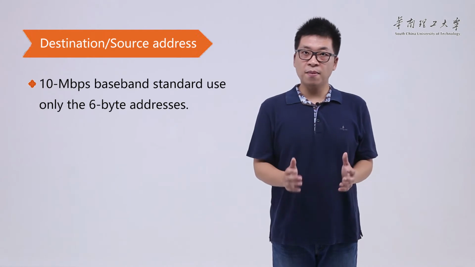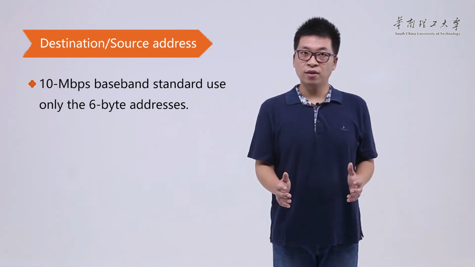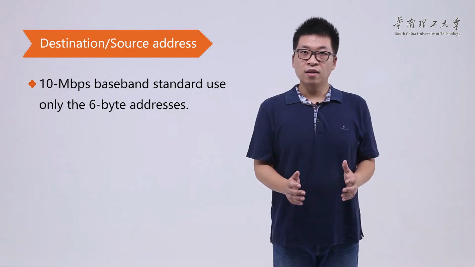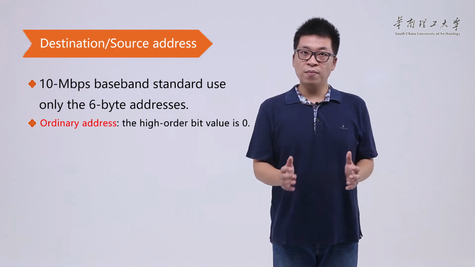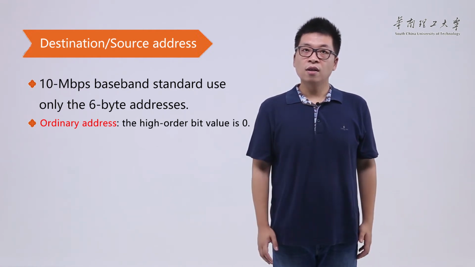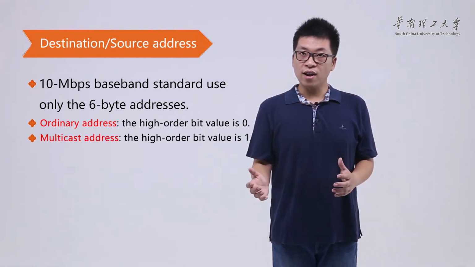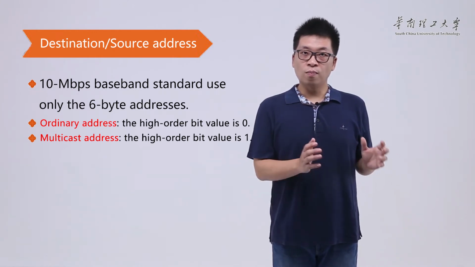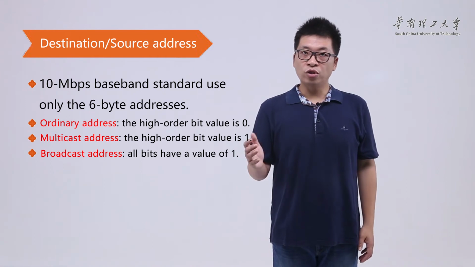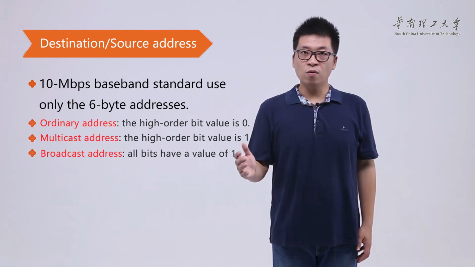They are 6-byte MAC addresses. There are different types of MAC address: an ordinary address with the high order bit value 0, a multicast address with the high order bit value 1, and a broadcast address with all bits with value 1.